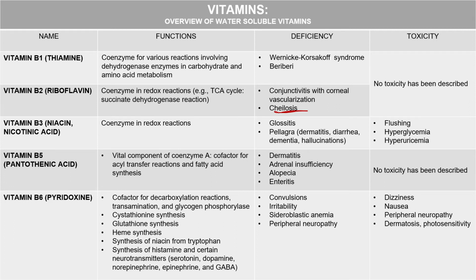It is a coenzyme for various reactions involving dehydrogenase enzymes and carbohydrate and amino acid metabolism. So we've got a bunch of reactions that require vitamin B1. If we develop deficiency in vitamin B1, we develop a disease called beriberi.